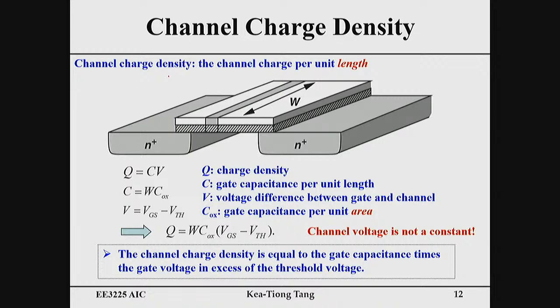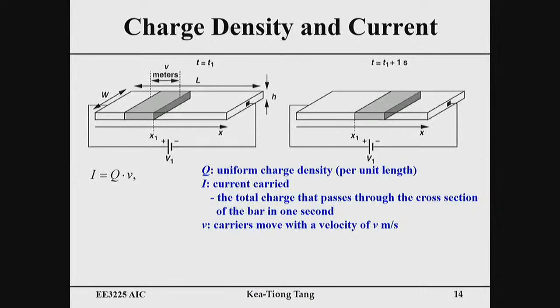So it's coulomb divided by meter, and then times v. What is v? v is meter per second. So you can see Q times v equals I. The unit is coulomb divided by second. So if you match the unit, you can understand it as well.